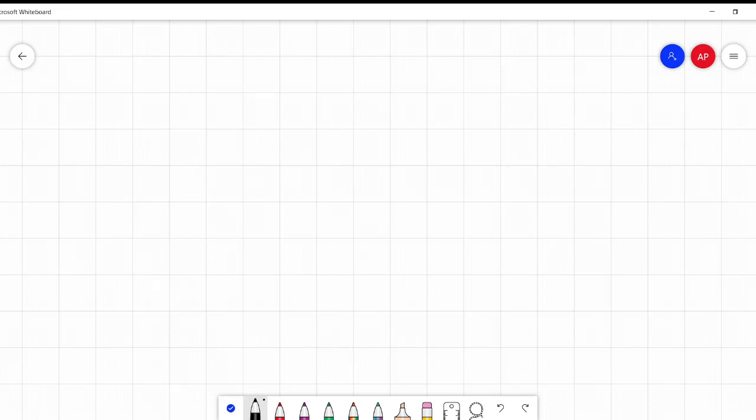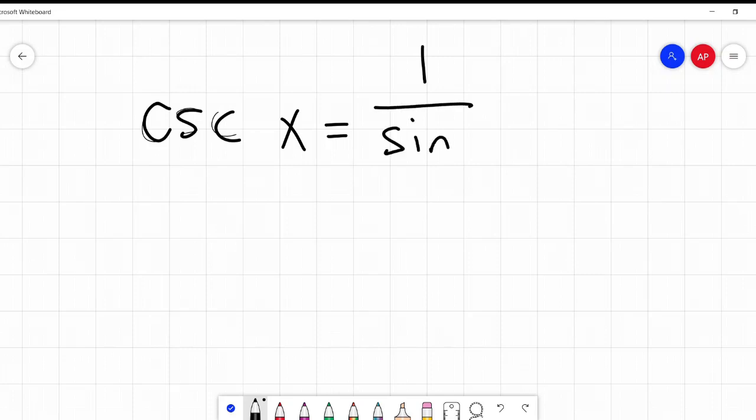These are things like saying that the cosecant of x is equal to 1 over the sine of x. That is a trigonometric identity.